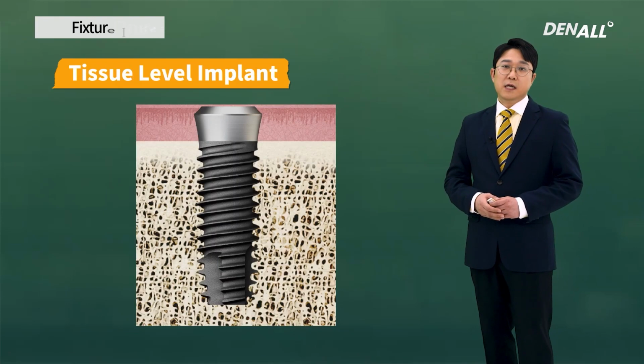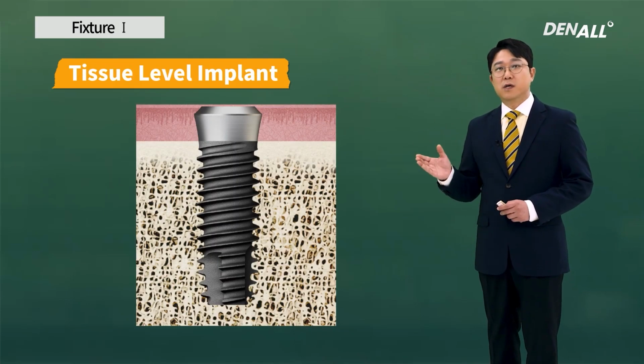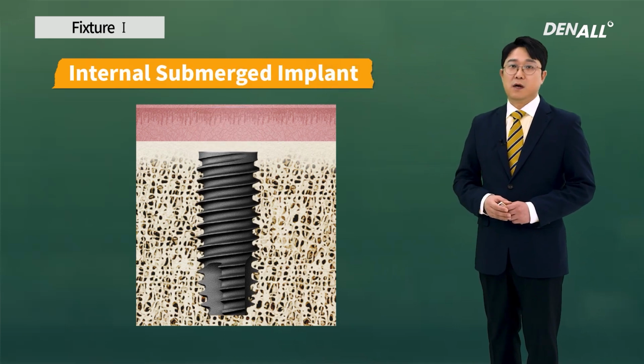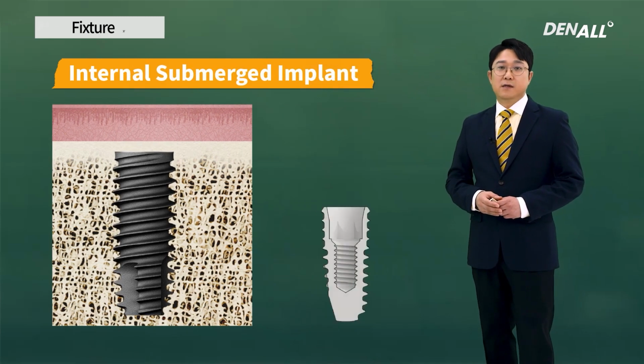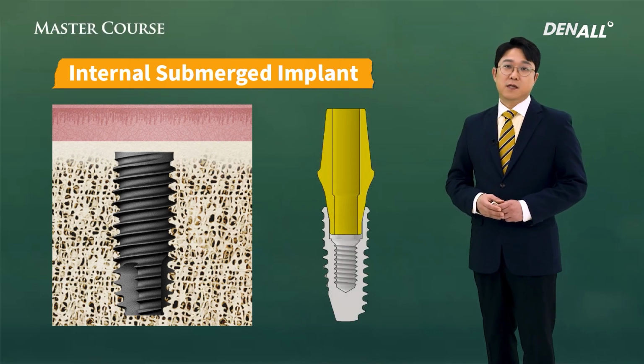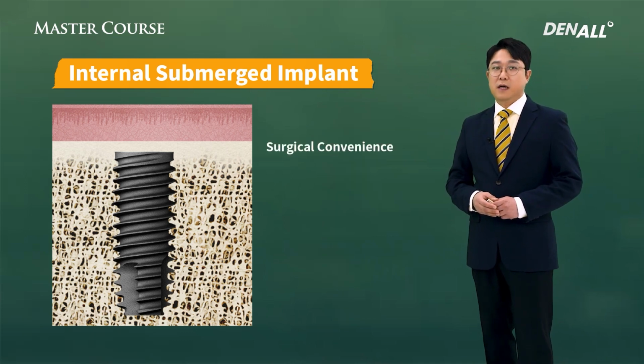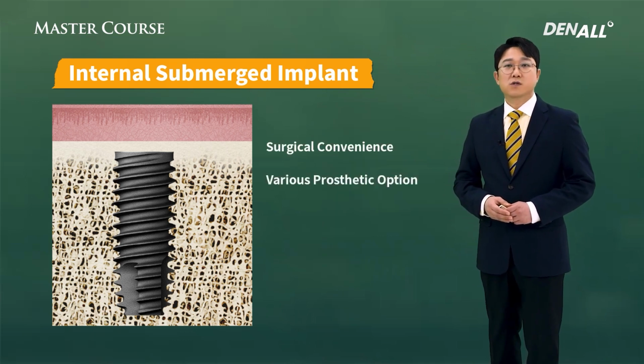To solve the problem of the tissue level implant, the abutment cuff, which is part of the fixture, is removed, and the advantage of the implant, which is the internal connection, is adapted in the internal submerged implant. It brings great surgical convenience to dentists.